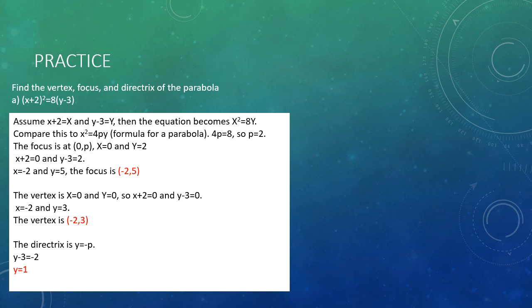This shows pretty well that the vertex is halfway between the directrix, which is y equals 1, and the focus, which is at y equals 5, and the vertex is at y equals 3. So that just shows that the vertex is going to be halfway between the two.